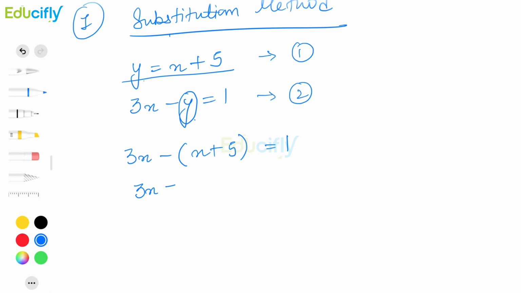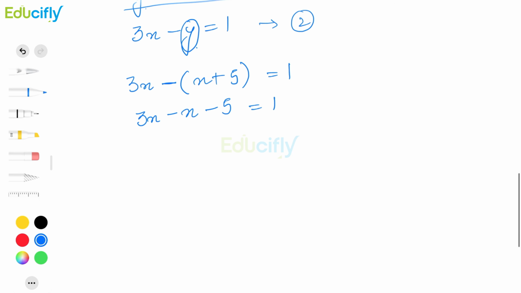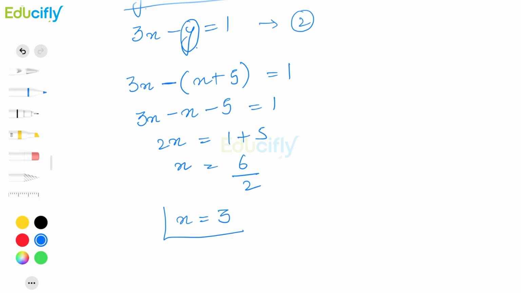As you can see, there is a minus sign outside the bracket, so we need to change the inside signs like this, right? It will add one more step for you. Now your answer is 1 plus 5 here, which gives you 6 divided by 2, right? That is going to give you 3 as a solution. You can cancel this and you easily get a 3.